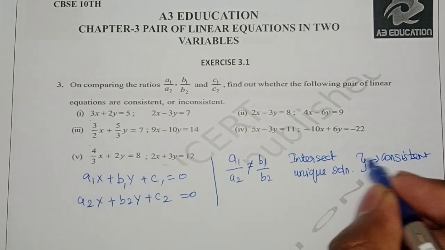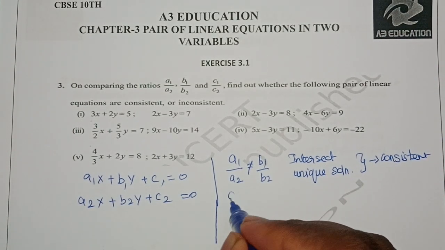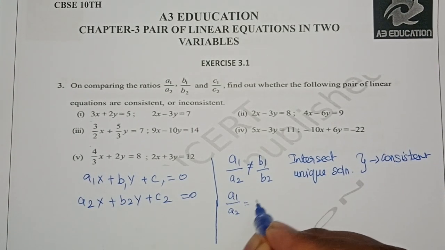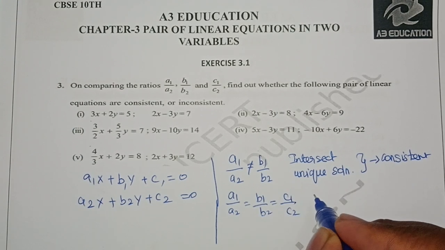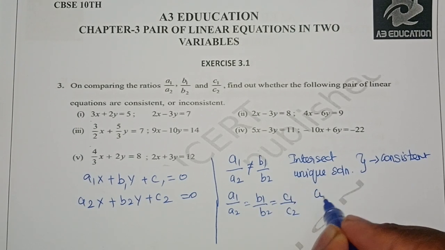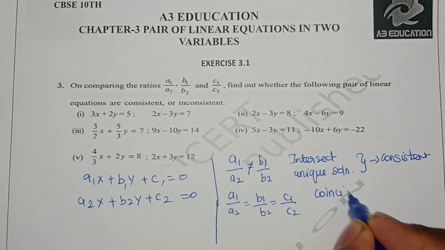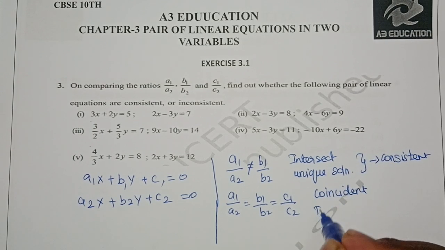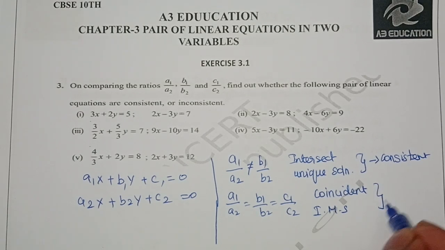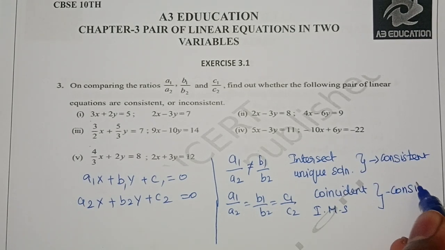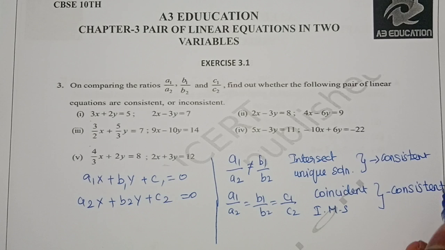Next, a1 by a2 is equal to b1 by b2 is equal to c1 by c2, which means the lines are coincident and have infinitely many solutions. IMS means infinitely many solutions. It also means consistent.